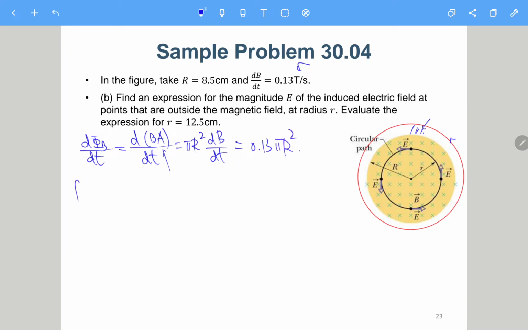So here we have the closed line integral of E dot ds equals negative d phi B dt. On the left side it is still the same: E times 2 pi r equals negative 0.13 pi capital R squared.